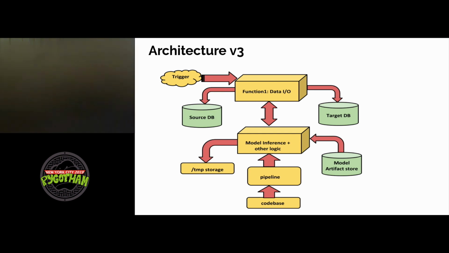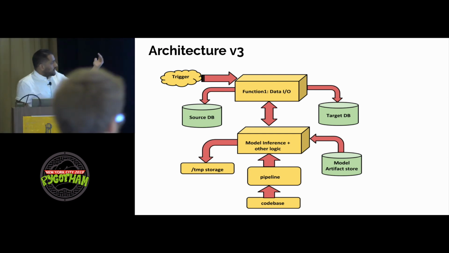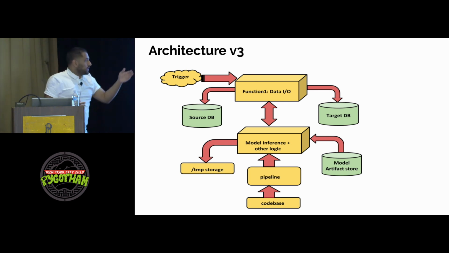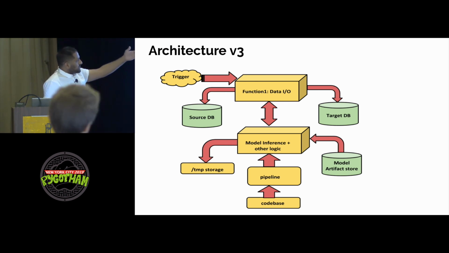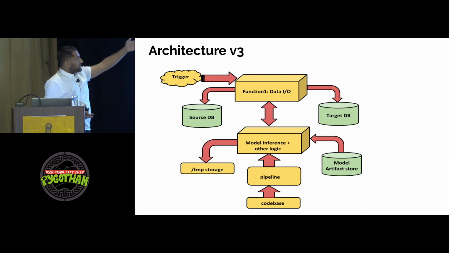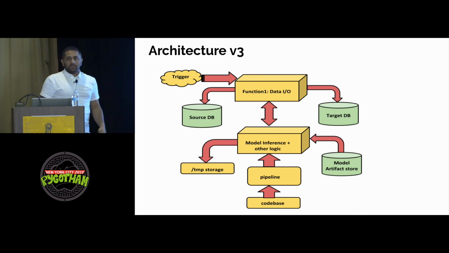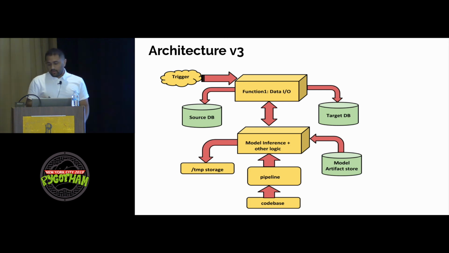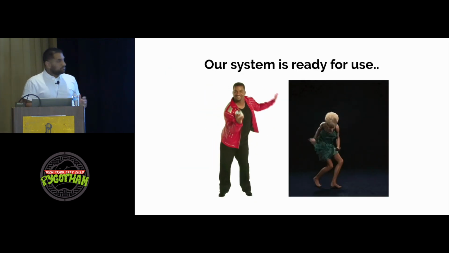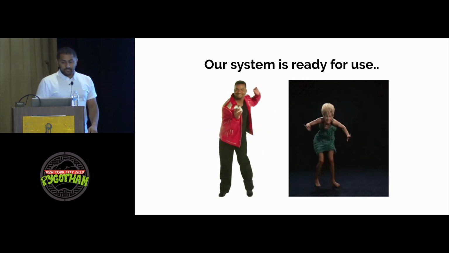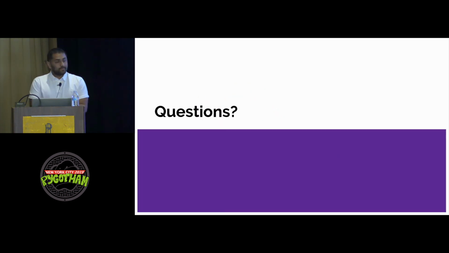The model inference function pulls the actual model, or the set of mathematical equations, from the artifact store, uses that to compute outputs for the inputs of function one, and then function one writes the processed outputs, or the masked records, to the target database or target output source. So the system is ready to use, problems solved. Questions?